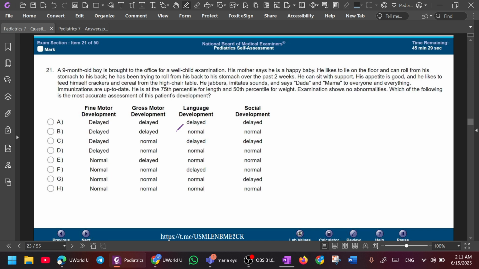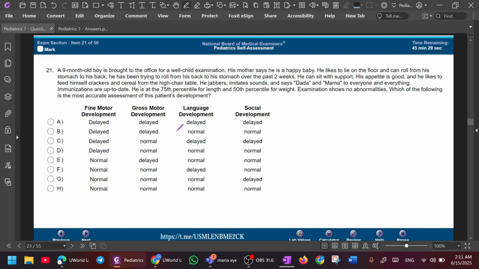A 9-month-old boy is brought to the office for a well child examination. His mother says he is a happy baby. He likes to lie on the floor and can roll from his stomach to his back. He has been trying to roll from his back to stomach over the past 2 weeks. He can sit with support. His appetite is good.